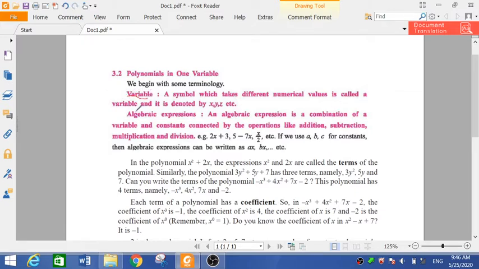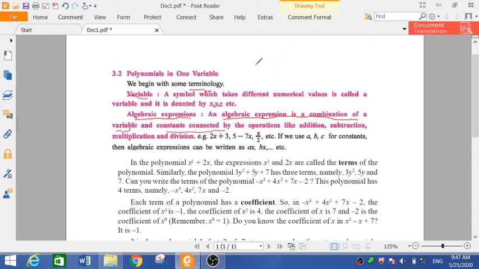So first of all we have to understand polynomial. Before polynomial we have to understand variable, some terminology, and algebraic expression, which we already learned in 8th standard. An algebraic expression is a combination of variable and constant.